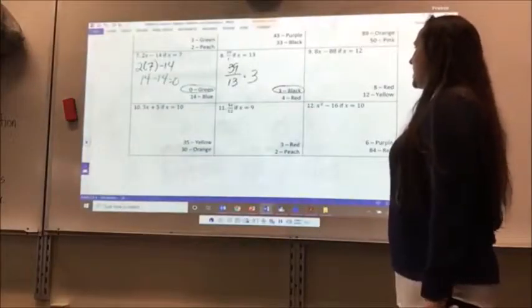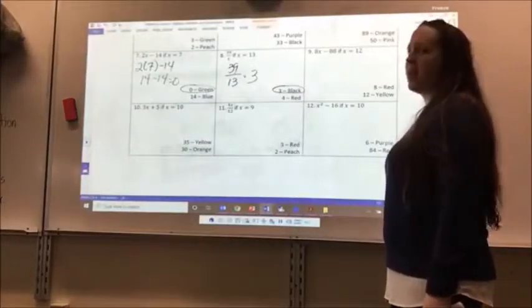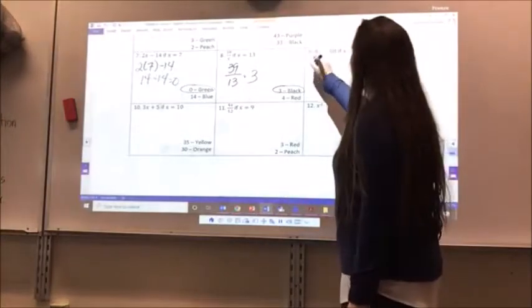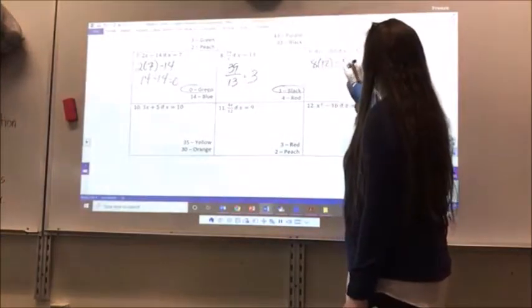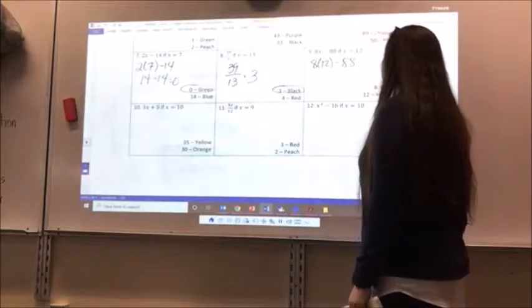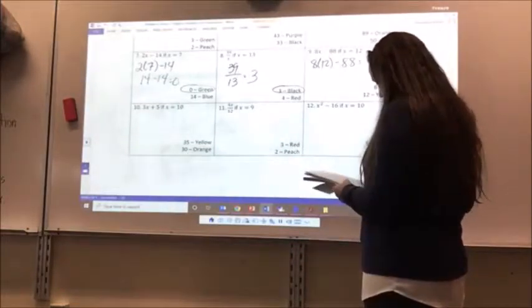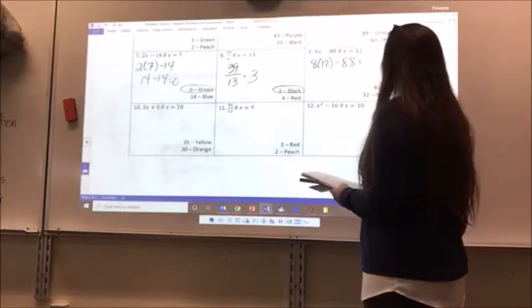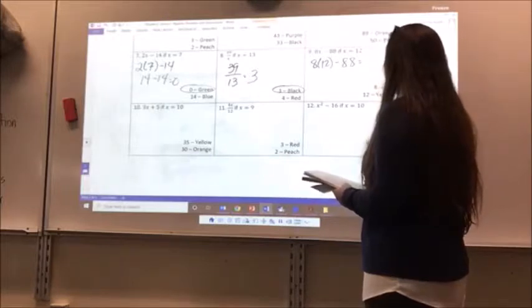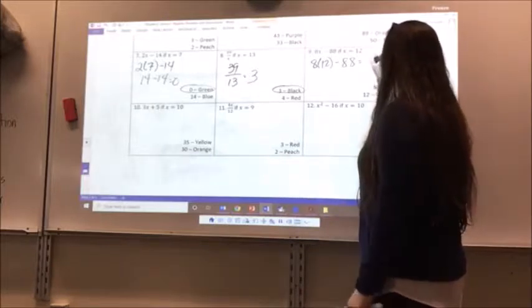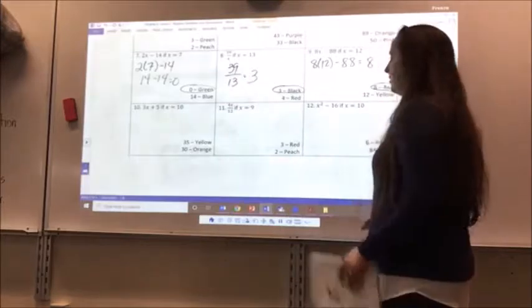Number 9, 8x minus 88 if x equals 12. So 8 times 12 minus 88. When I simplify this, I get 8, so red.